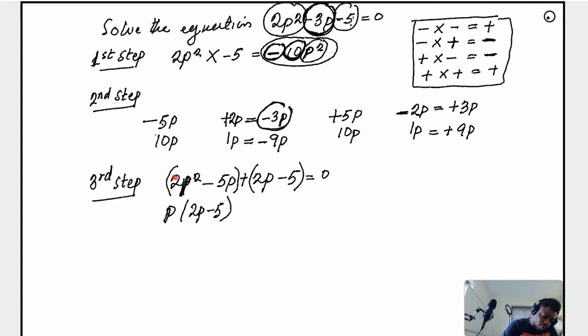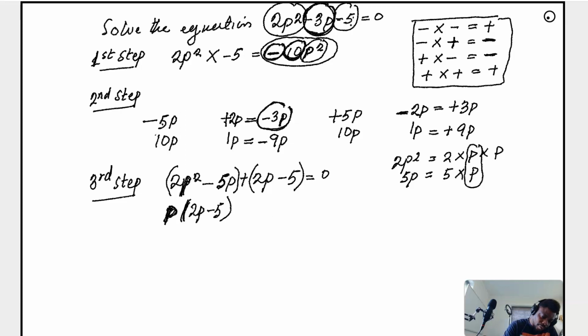Let's take the first one, 2p squared. This is 2 times p times p. The next one is 5p, that is 5 times p. Now, what is common? p is common, that is why p is outside the bracket.